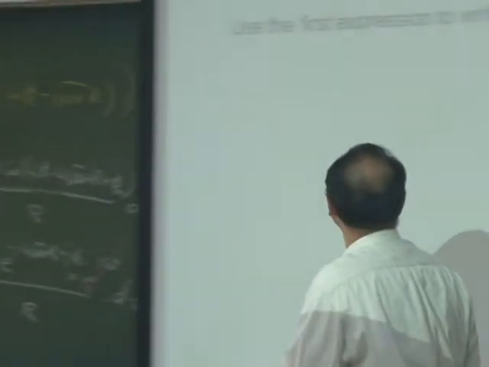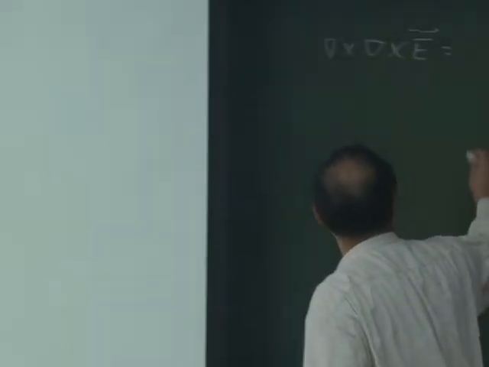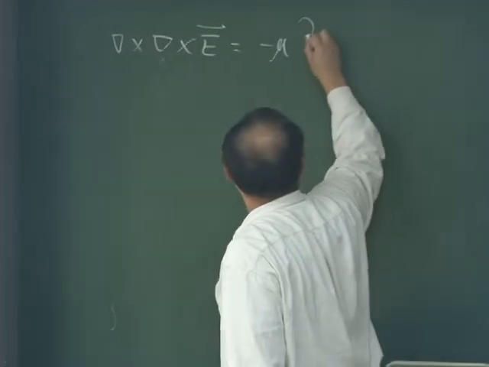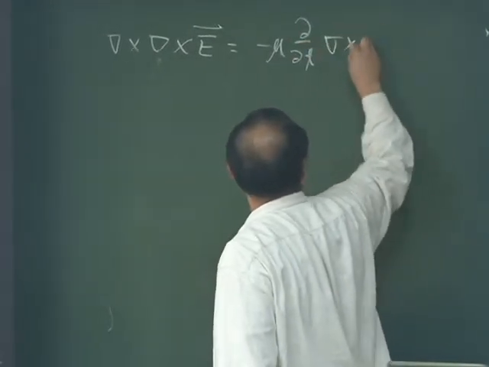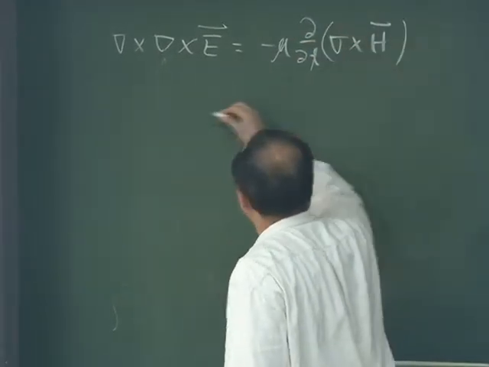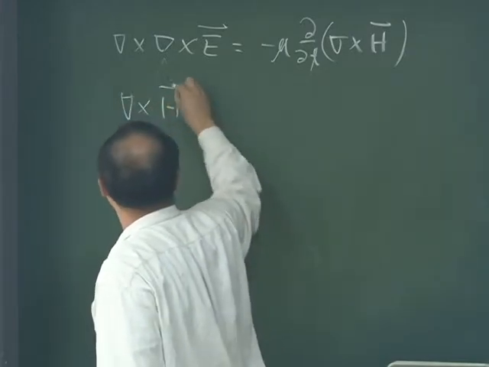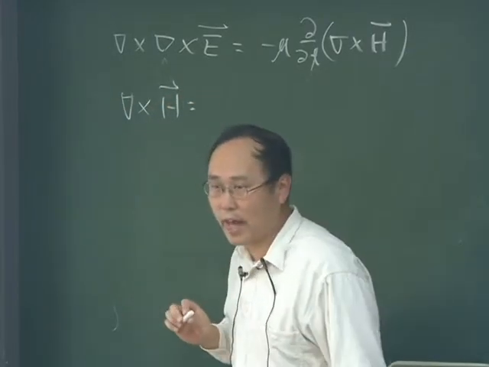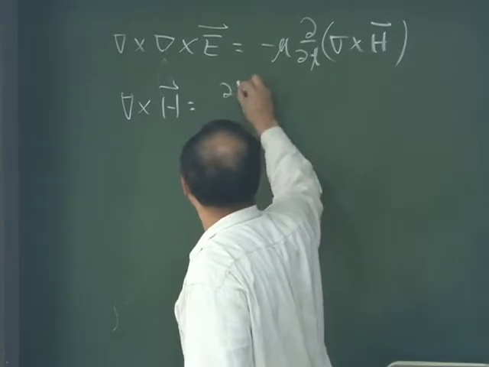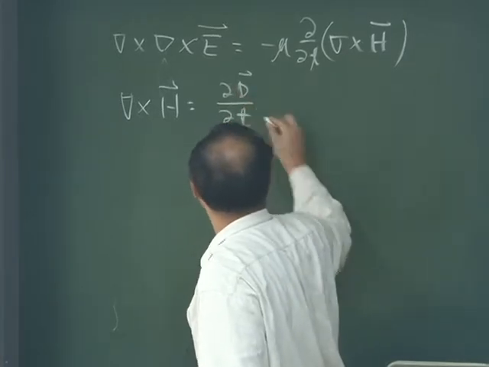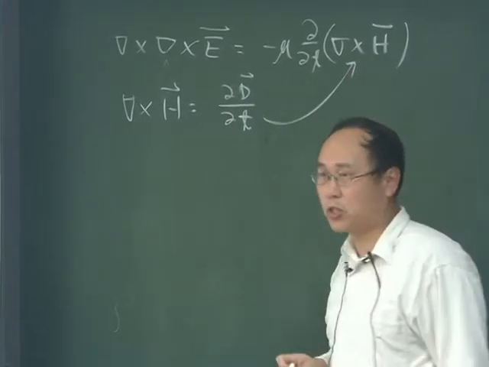So you pick up this equation. You have minus mu, and then the partial derivative of curl of H. But you also know that the curl of H is equal to, from Ampere's law, the partial derivative of D with respect to t. So put this into this expression.